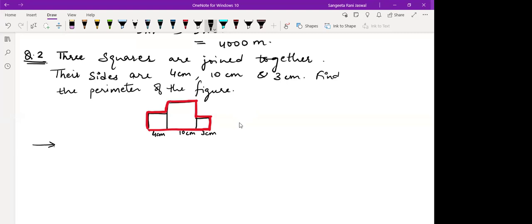Ma'am, I found the perimeter. Okay, what is the perimeter, Neha? Ma'am, I got 54 centimeters. Okay, let me check with others also.